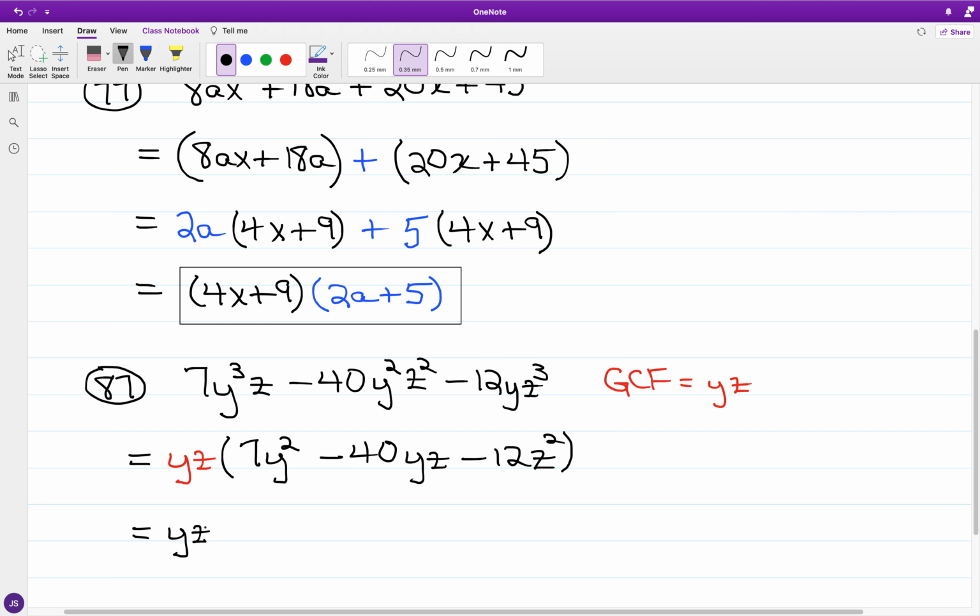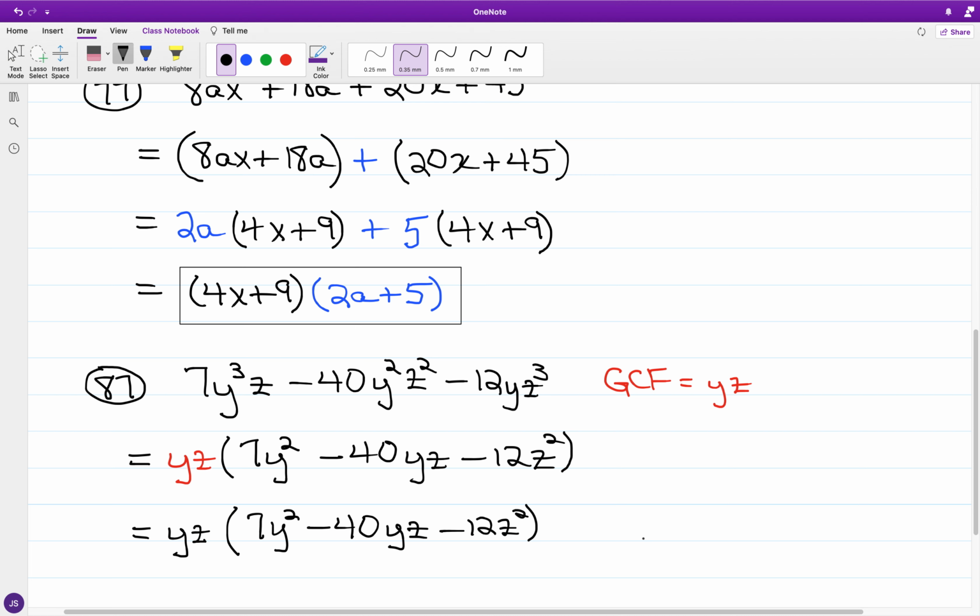So setting things up, we have part of the setup, the greatest common factor, and the rest of the factorization is going to stem from working with the trinomial that we've just factored.